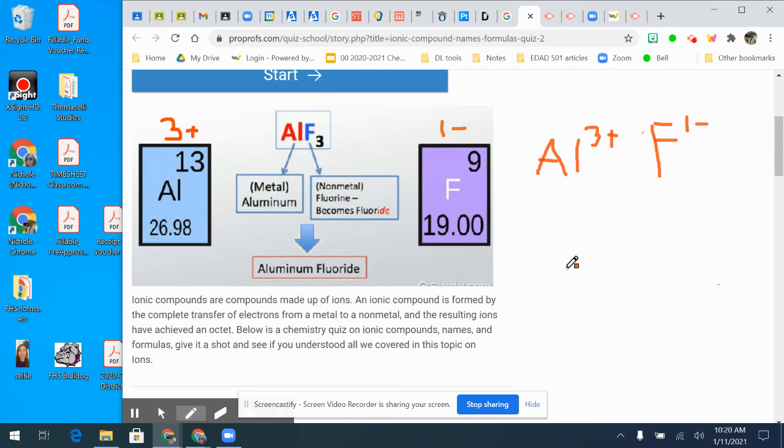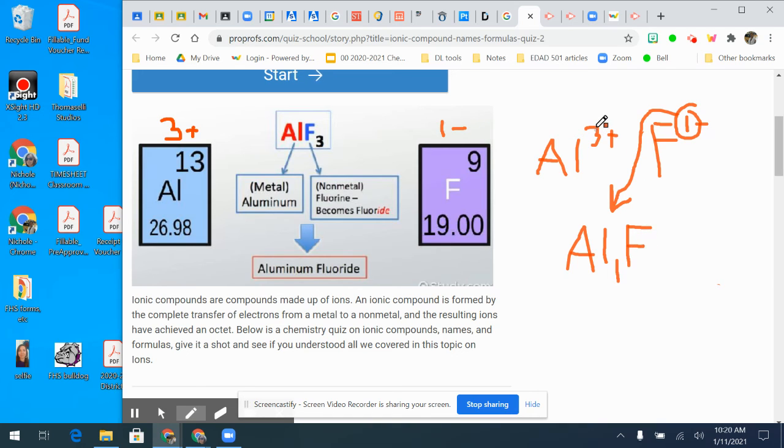Because opposites attract. So in my compound, I'm going to actually end up with 1 aluminum here. Now in chemistry, if something only has 1, we don't have to write the 1, but I could write the 1 here just to show that. If I write it at all, that means it's obvious that there's only 1 there.